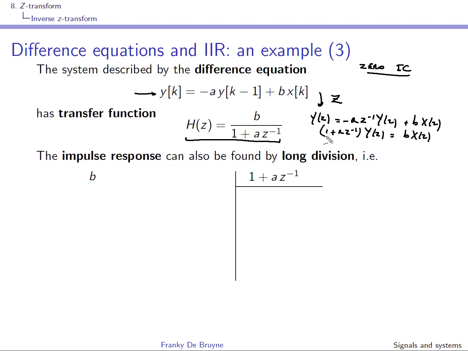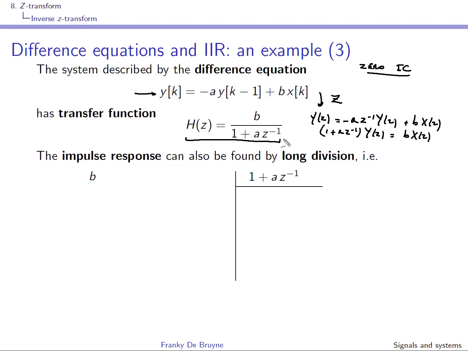So what we'll do now is divide the numerator polynomial by the denominator polynomial, and here you have to organize everything to have the highest power of z at the front. So this is z to the power 0, and this is the highest power. So here we work with the variable z to the minus 1.